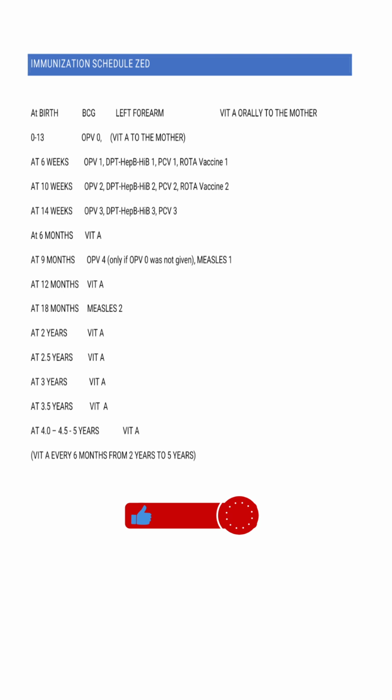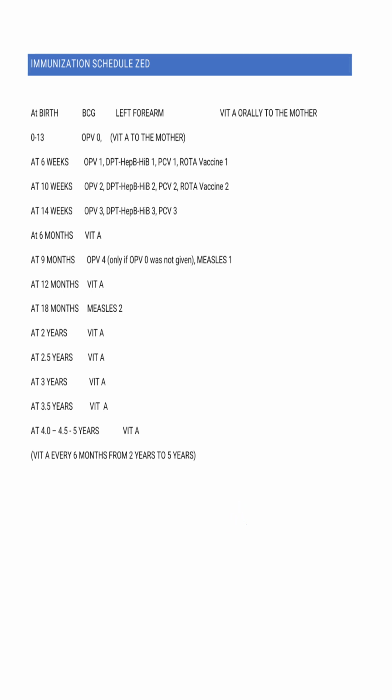Okay, so at 10 weeks, we repeat the same vaccines, so just put dosage 2. So OPV 2, pentavalent 2, PCV 2, Rota vaccine 2. But remember, Rota vaccine ends at 2, so that's the last dose for Rota vaccine. Then we go to 14 weeks.